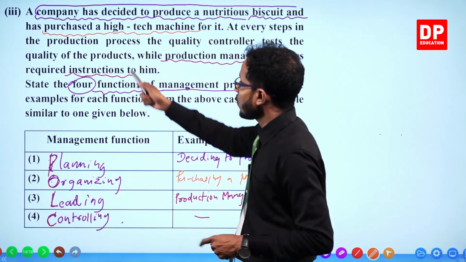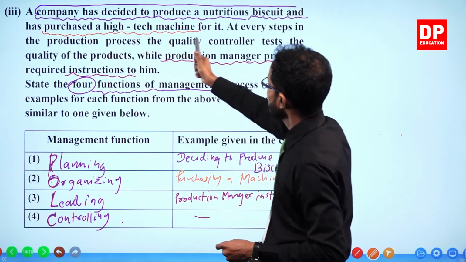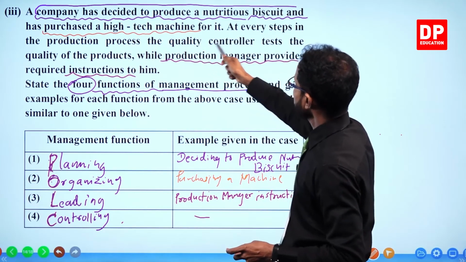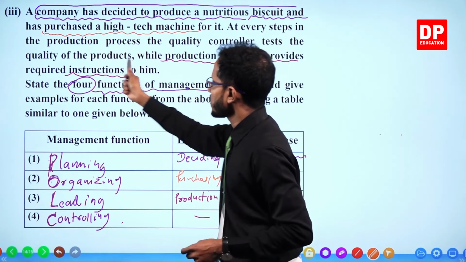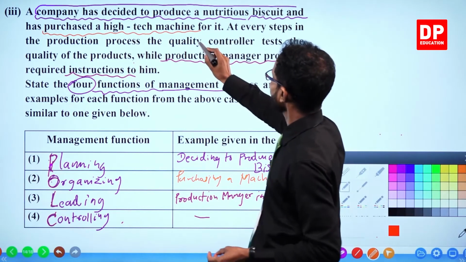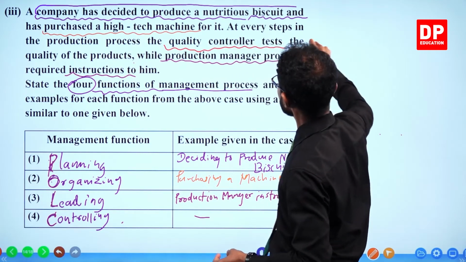Isn't that what this guy is doing? At every step in the production process, the quality controller tests the quality of the products. Isn't that controlling? Quality controller, see?